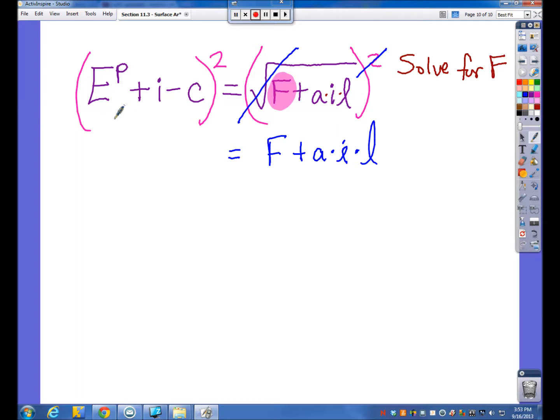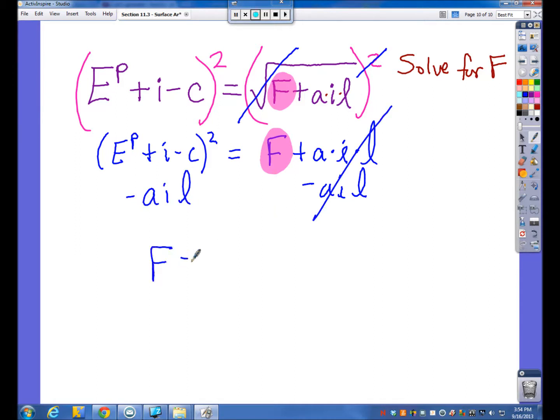And you can do whatever you want with this, but I would highly recommend just leaving it as E to the p plus I minus c quantity squared. Just leave it at that, okay? Again, I'm looking to get this F all by itself. So now this is one term, AIL, a times I times l, and it is being added to F. So I just need to subtract the AIL term.